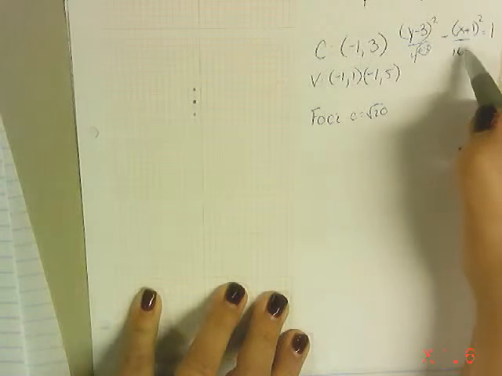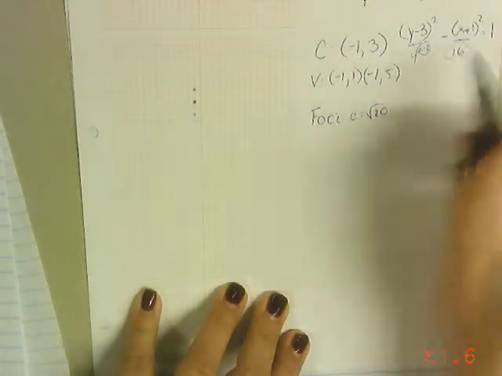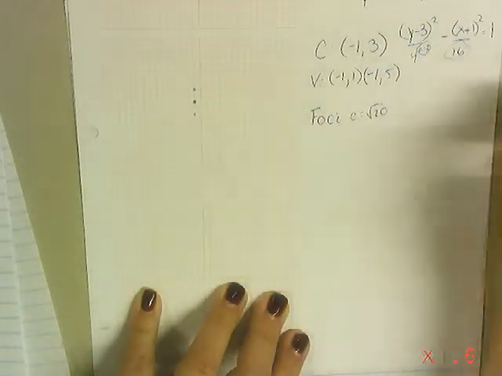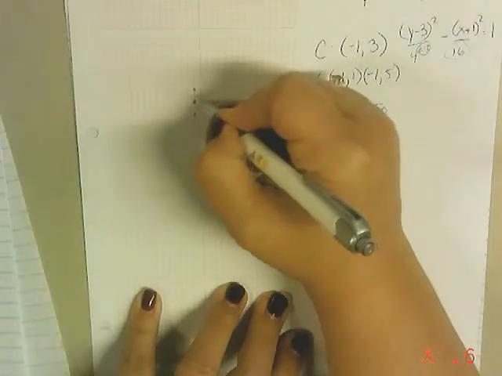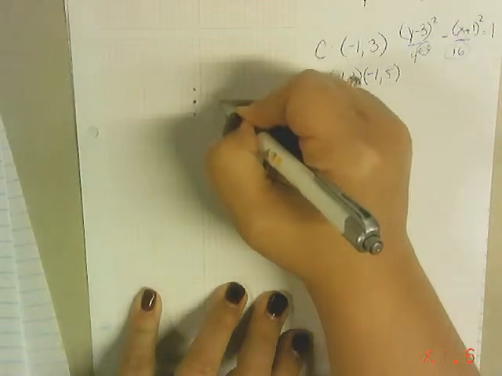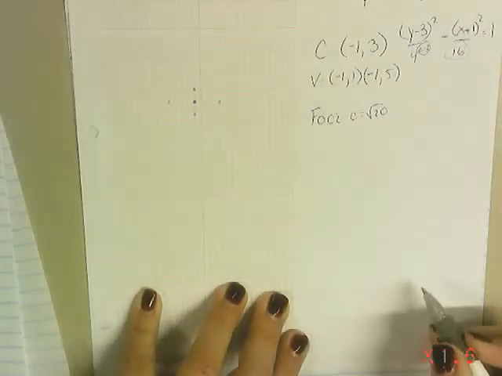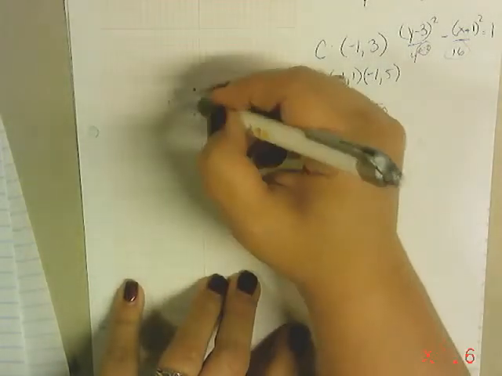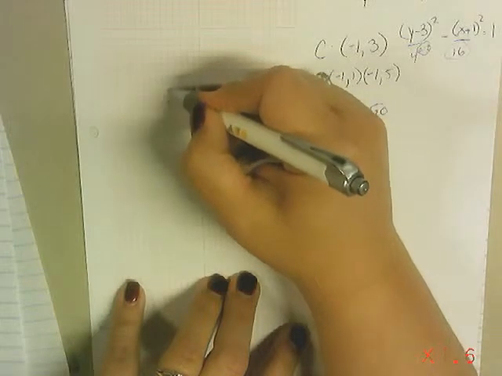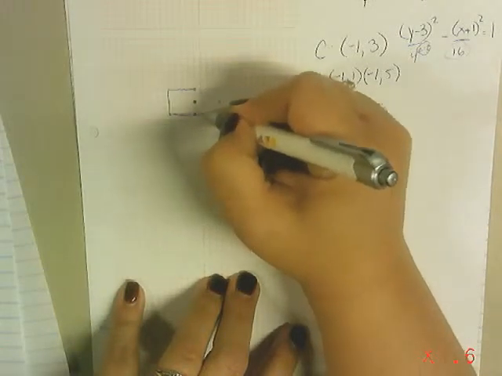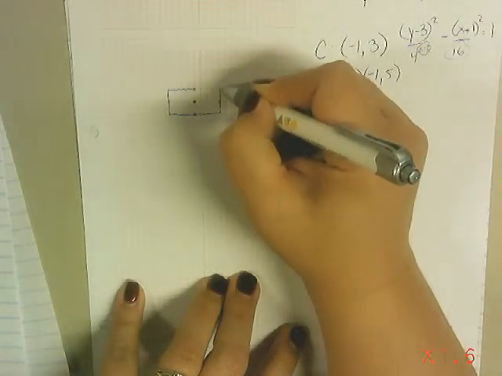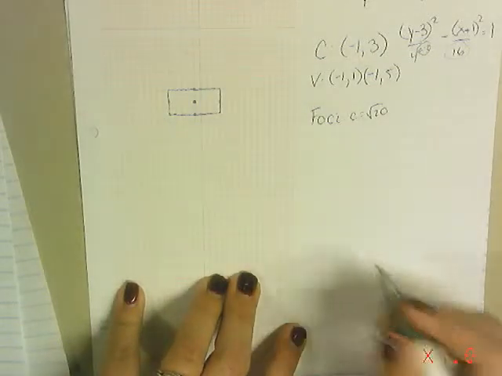Okay, remember we're also going to take what's under the x to help us make our rectangle. So we're going to go 4 spaces, 1, 2, 3, 4, 1, 2, 3, 4. And remember, we're not making a diamond, we're making a rectangle. So over, down, over, up, over.